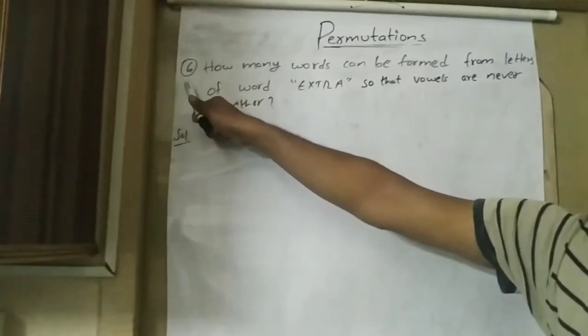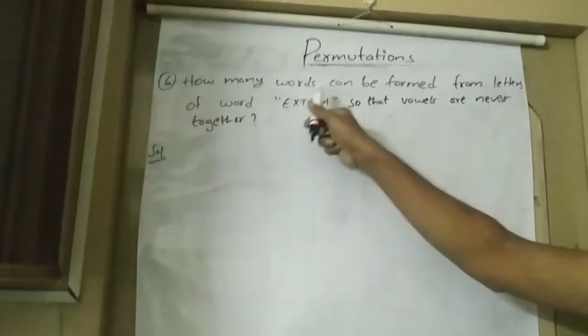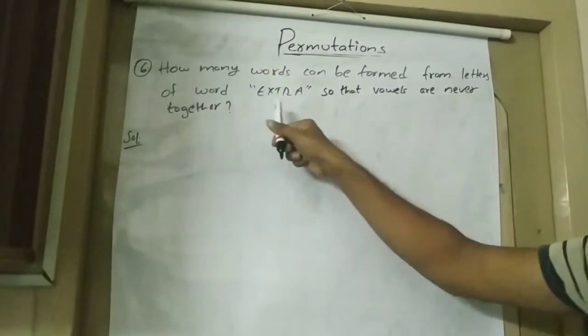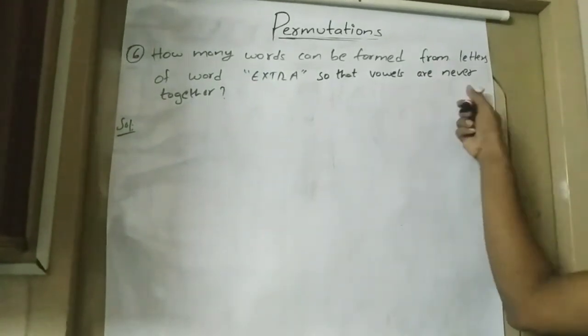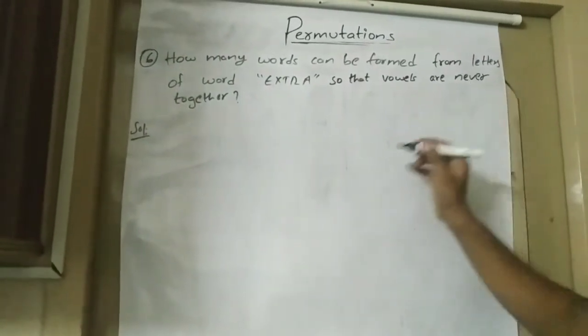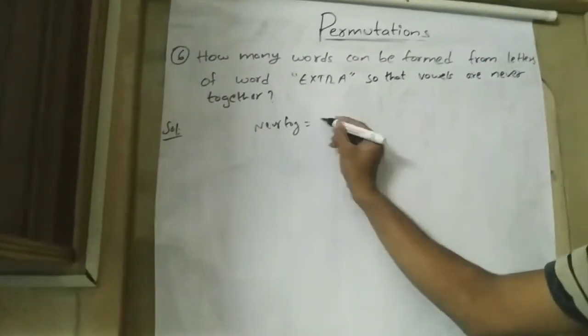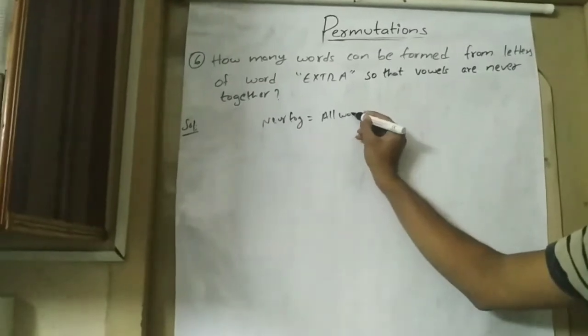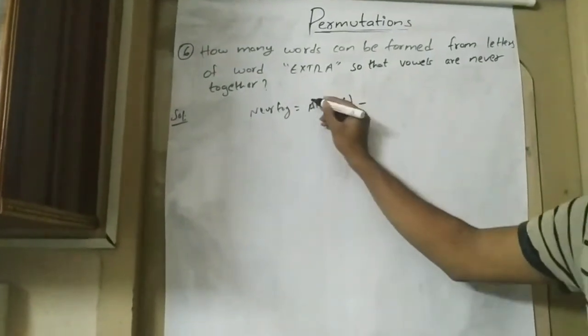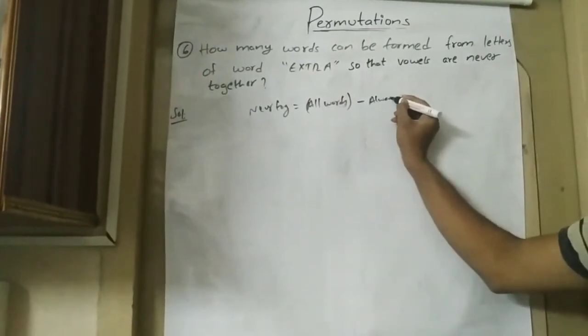Okay. So in the sixth question it is given as how many words can be formed from the letters of the word EXTRA so that vowels are never together. When you see never together, so never together is equal to all words minus always together.